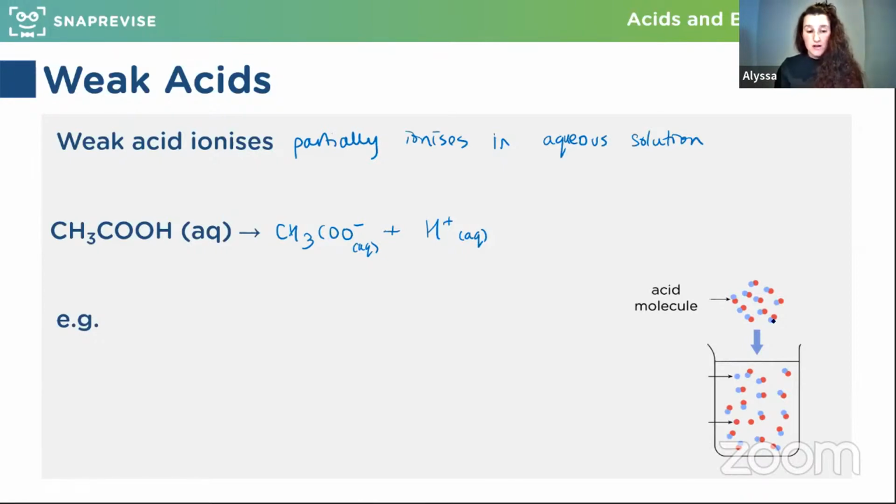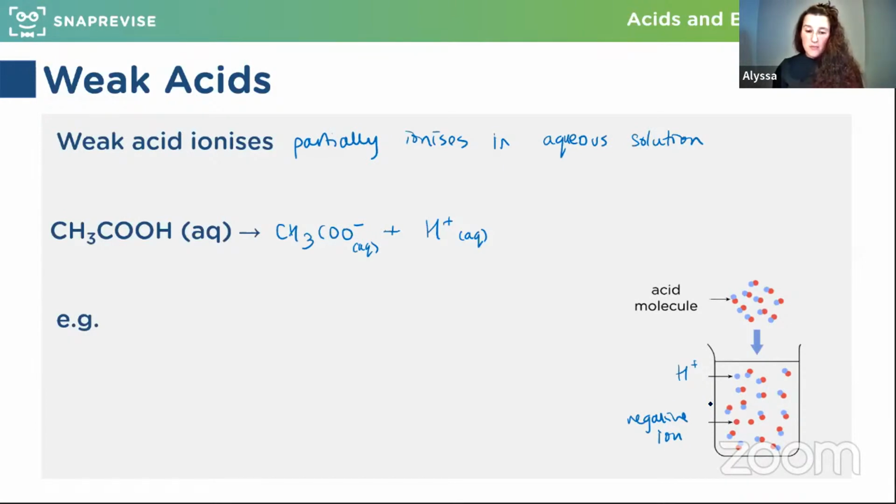Looking at our diagram, we can see some H pluses floating around, but only a couple. Lots of the time, our particles stay together. So that's our negative ion.